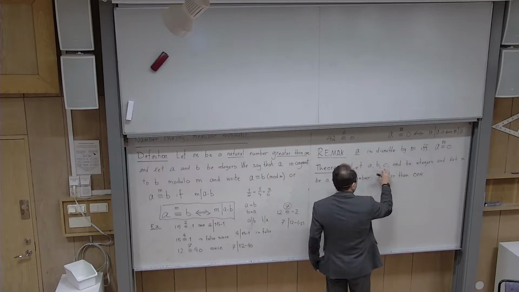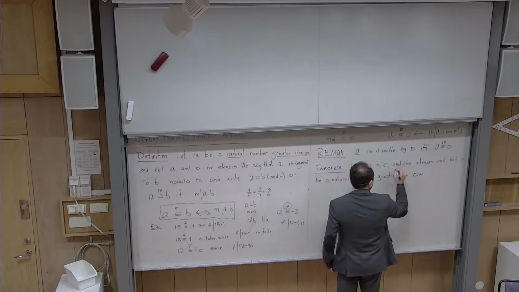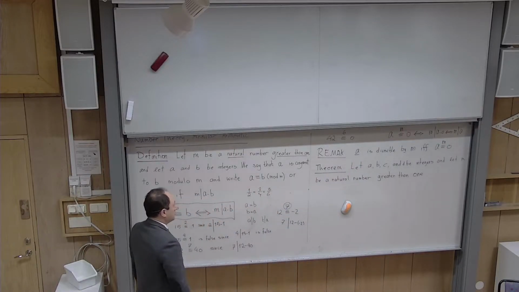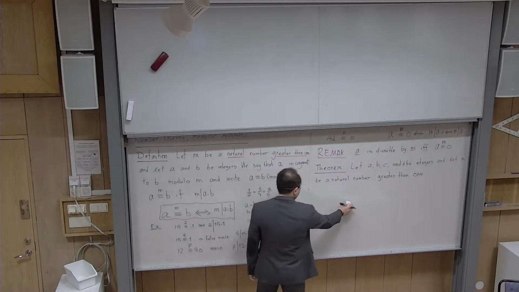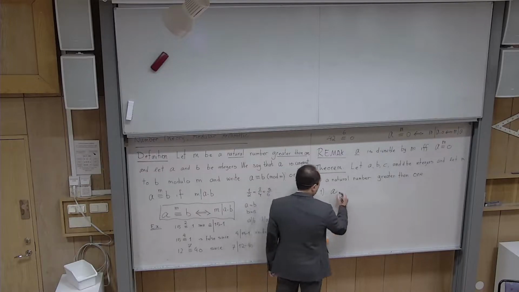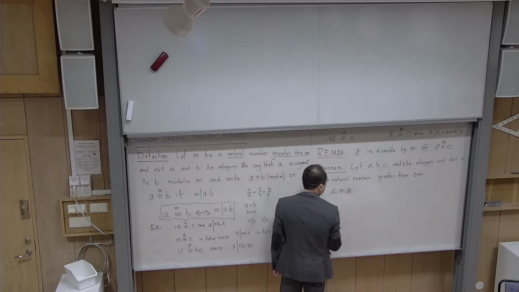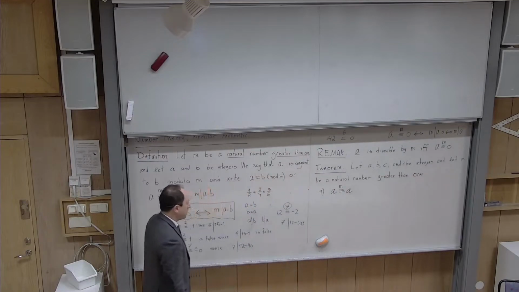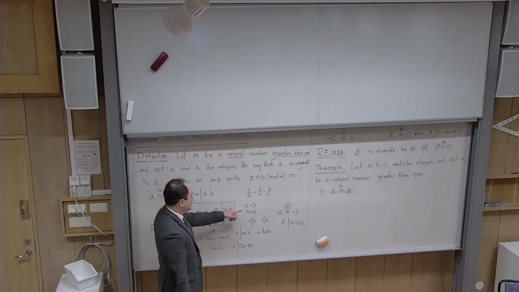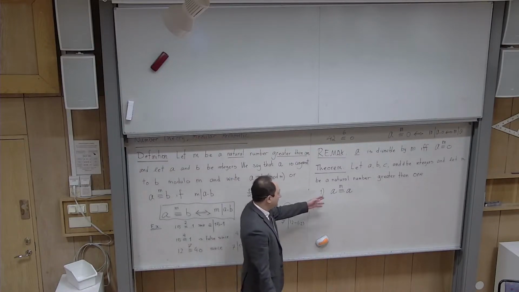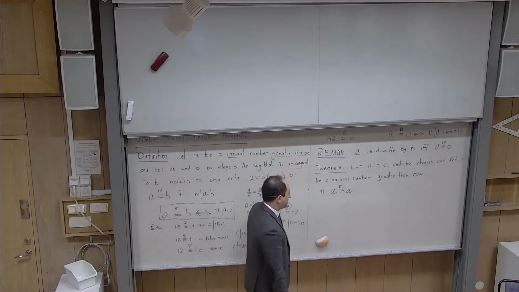A, B, C, and D. Yes, thank you. Okay, then, of course, some of them are very clear. Every number a is congruent to itself. It is exactly similar to saying that every number is equal to itself. Of course, every number is also congruent to itself in any modulo that you like.